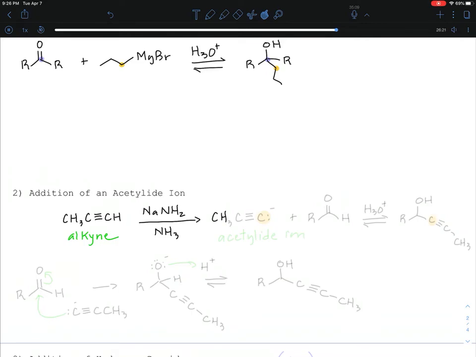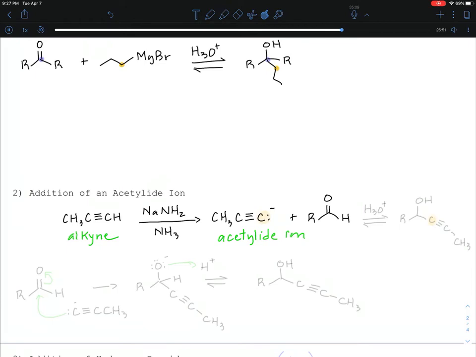What do I get? I'm going to deprotonate the end of this alkyne, aren't I? And I get that. This is the acetylide ion. I can react this with, say, some kind of aldehyde or ketone, take your pick.